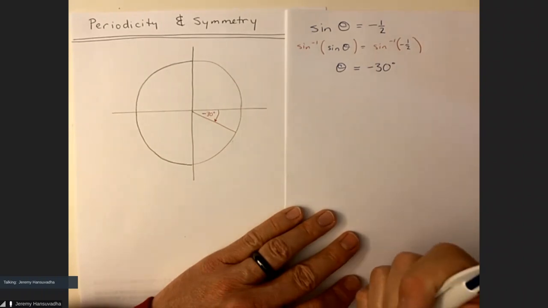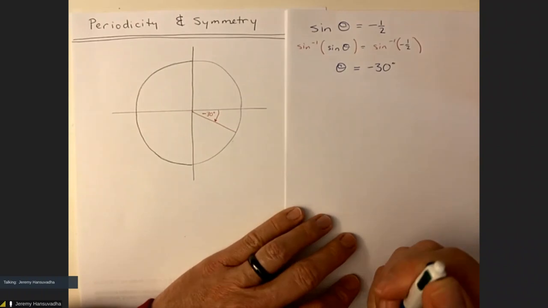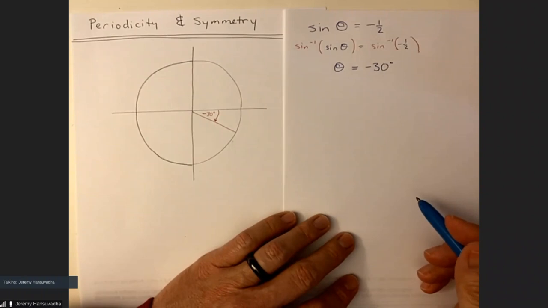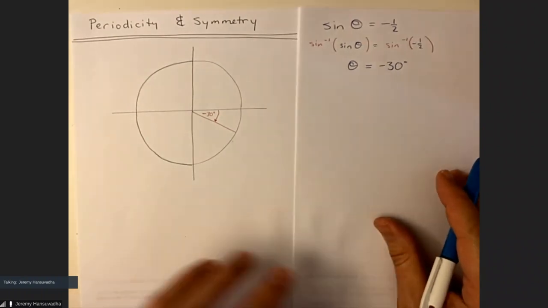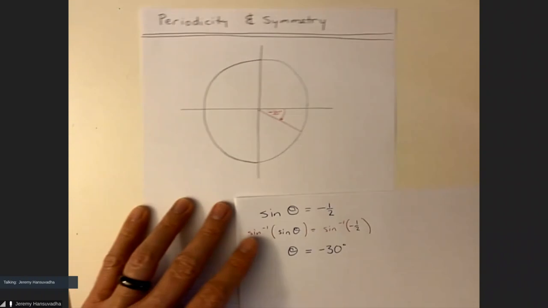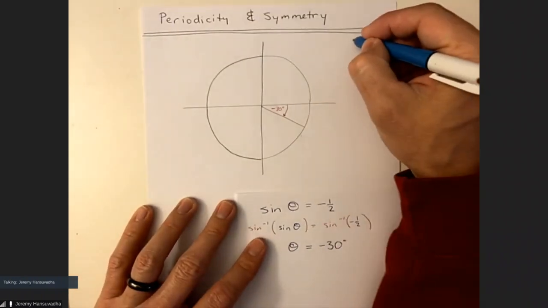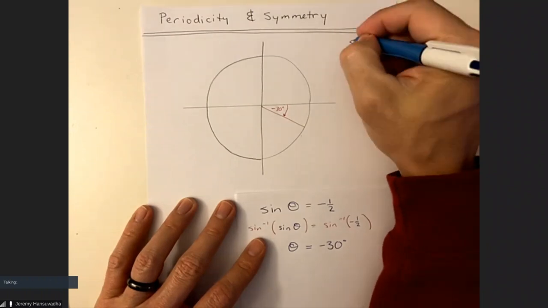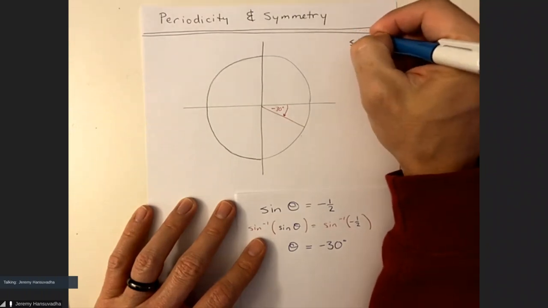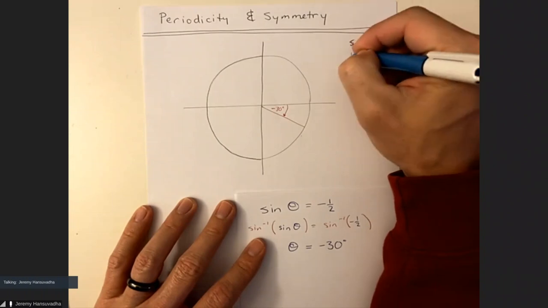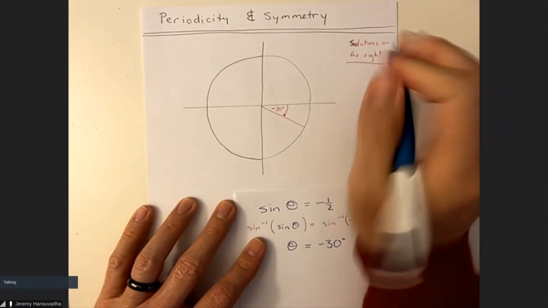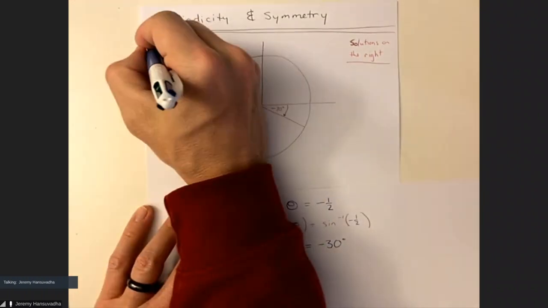So periodicity, I think, is easiest to understand, so I'm going to do that first. Now, I'm going to kind of divide up solutions here. I'll put solutions on the right in red, and then in green I'll have solutions on the left.